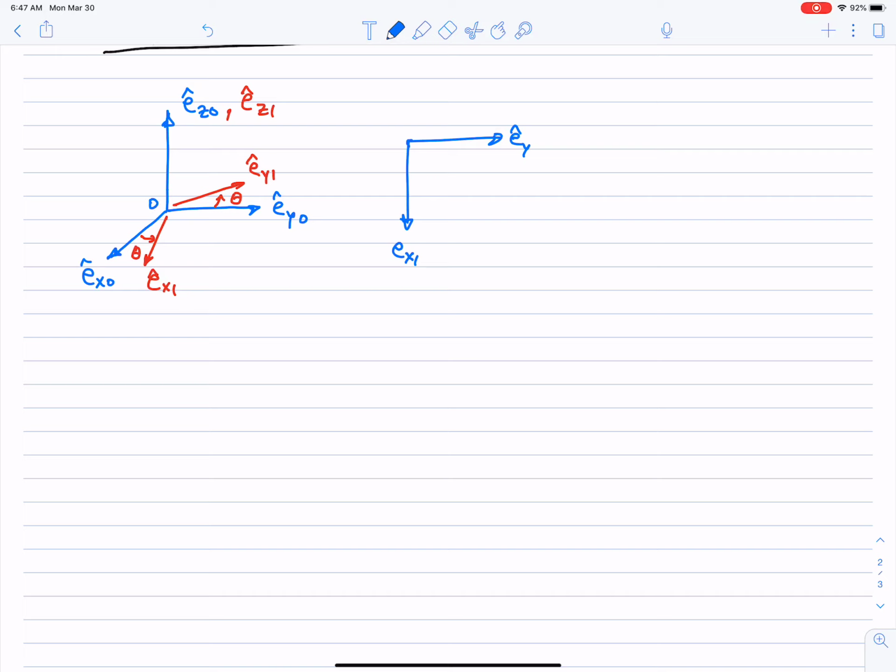the origin O. In this case, the origin O1 equals O2. The origins are coincident, okay? So let's just call the origin O for now. In any case, we have a rotation about the z-axis that rotates the x and y axes like so.